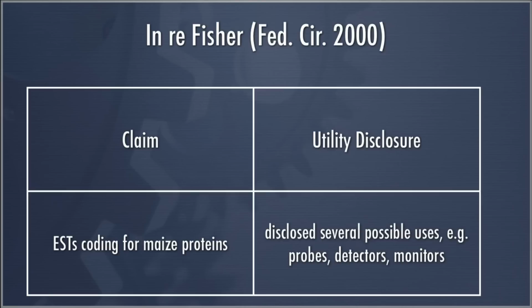It says none of them meet the Brenner versus Manson rule, the Brenner rule of an identifiable and specific utility, in that these were general hopeful statements, or in a sense a research plan, rather than a specific and clear statement of what these particular ESTs coded for. Right?